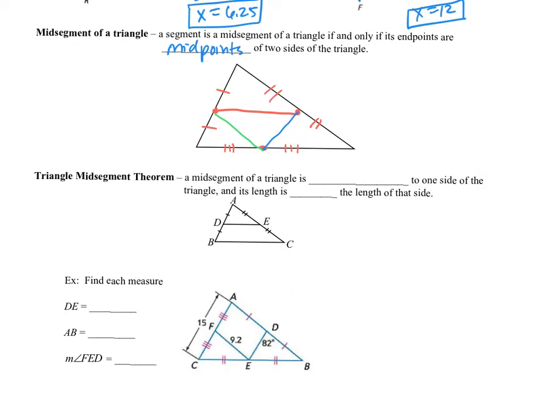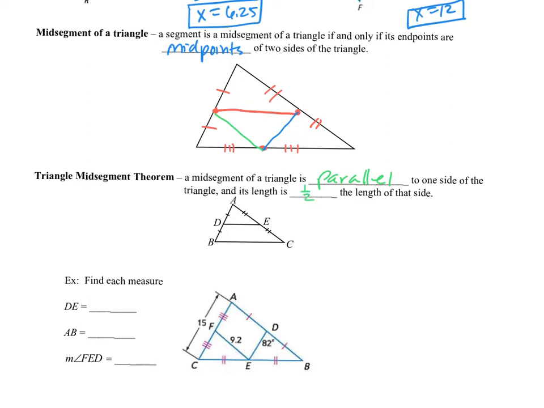Okay, so now we're going to learn what's called the triangle midsegment theorem, which says the following. A midsegment of a triangle is parallel to one side of the triangle, and its length is 1/2 the length of that side.